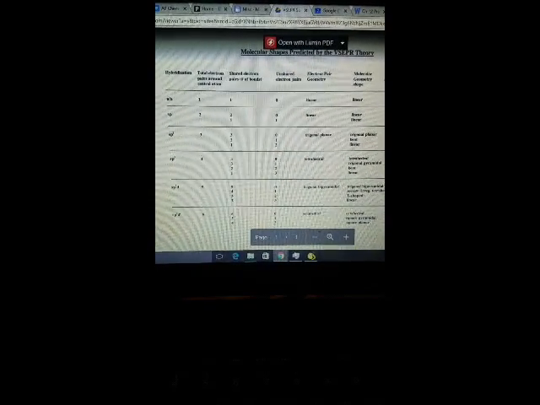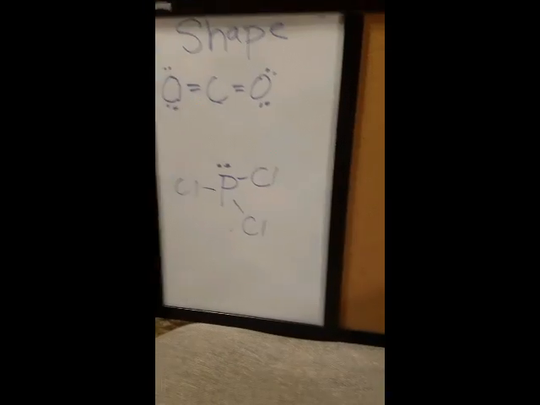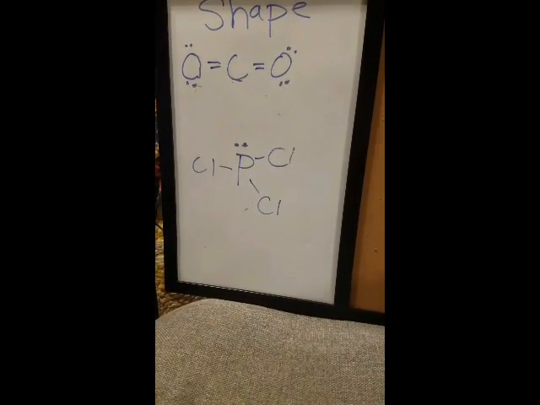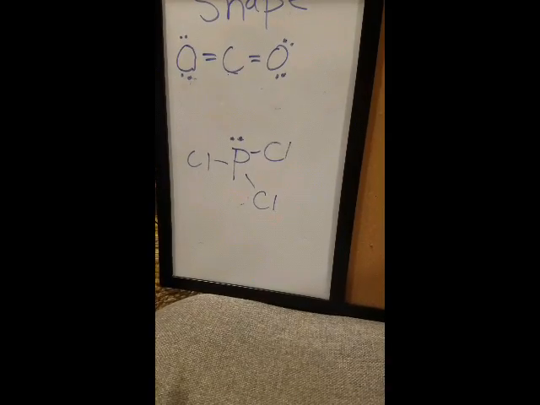This chart shows how the VSEPR theory was used to determine the geometric shape of a molecule using the shared electron pairs and the unshared electron pairs on each atom in the molecule. So using that chart as reference, we can determine the geometric shape of this molecule.